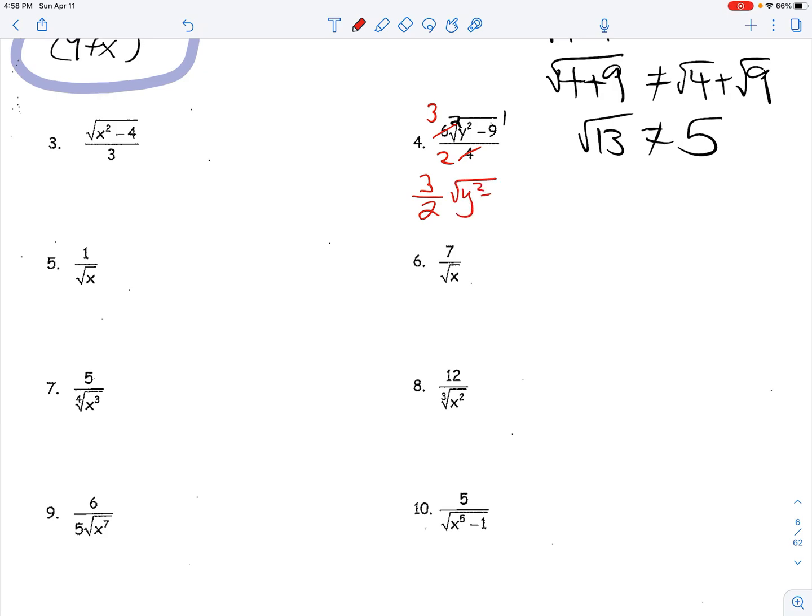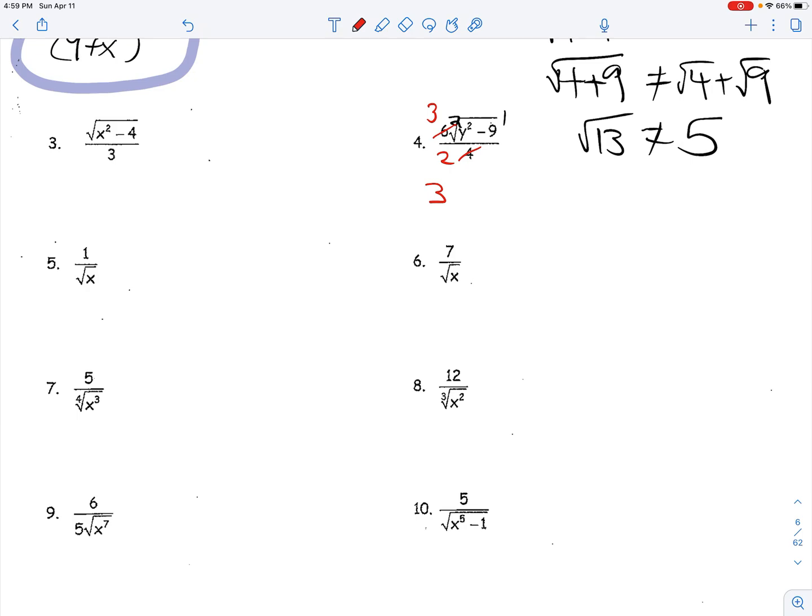You can pull out that 3/2 and make it 3/2 times the square root of y squared minus 9. You don't have to, but you can. It's up to you, or you can just leave it as is.